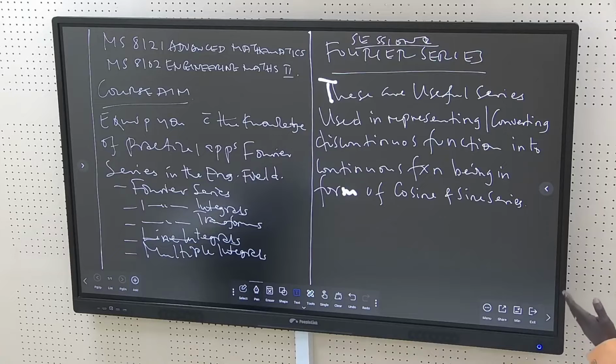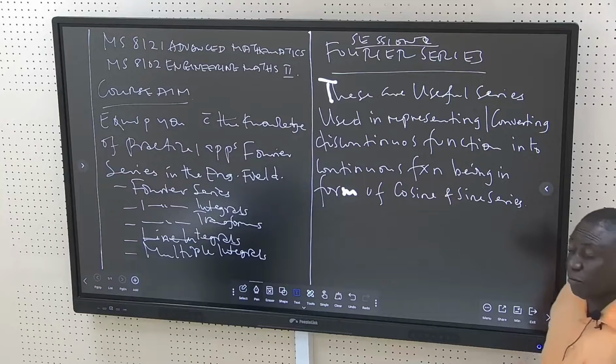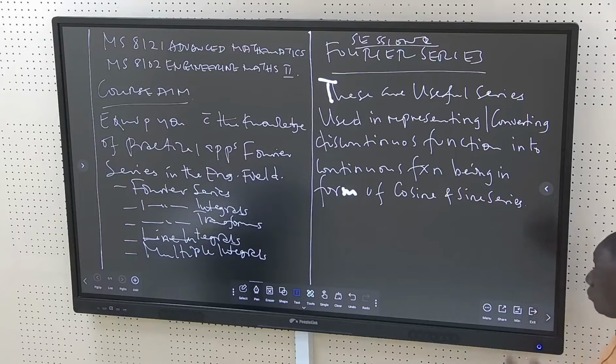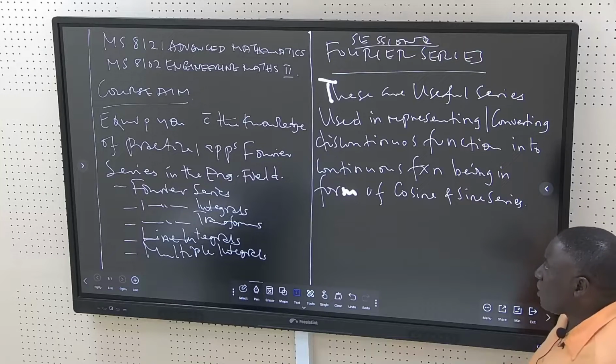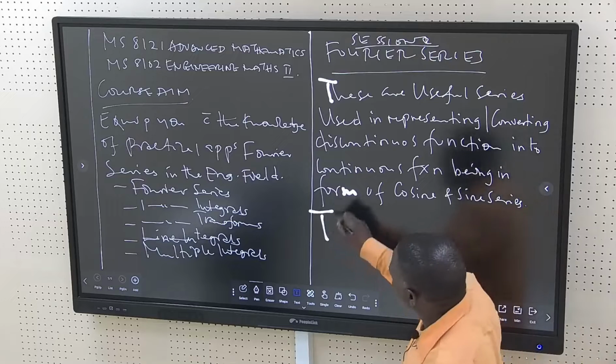When we say discontinuous functions, it means these are functions which, when we represent their graphs, are splitting. They are not continuous.